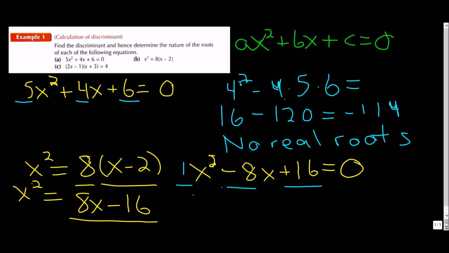So we do b squared, so we remember we have to do negative 8 squared, and then we subtract 4 times a, which is 1, times c, which is a positive 16, and then we want to figure out what this equals.